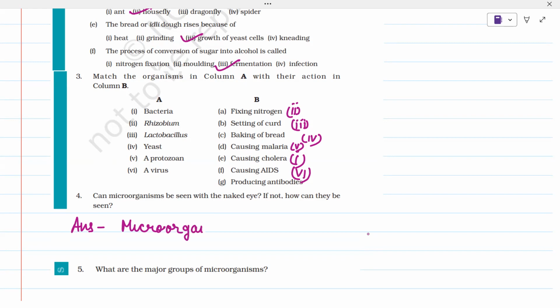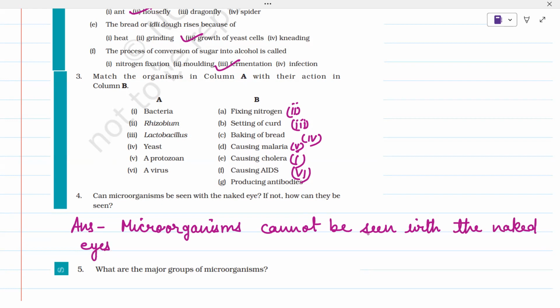Microorganisms cannot be seen with the naked eyes.